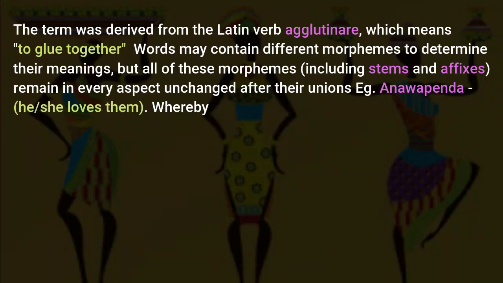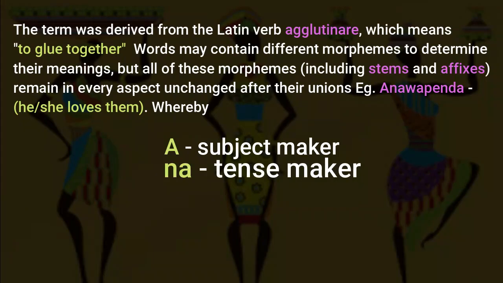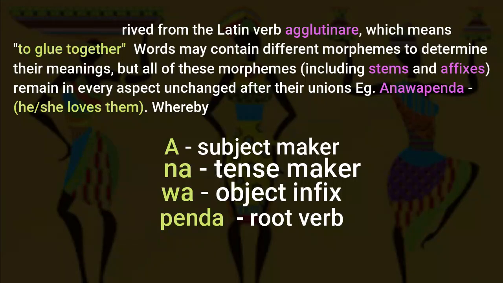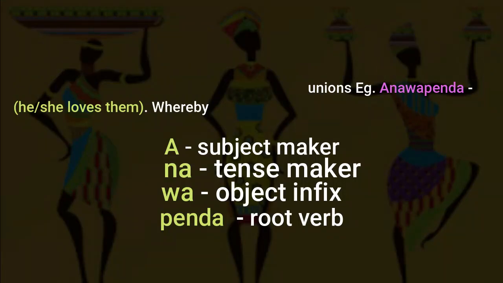For example, anawapenda, he or she loves them, whereby a is a subject marker, na is a tense marker, wa is object infix, and penda is a root verb.